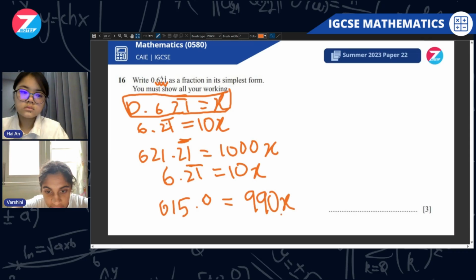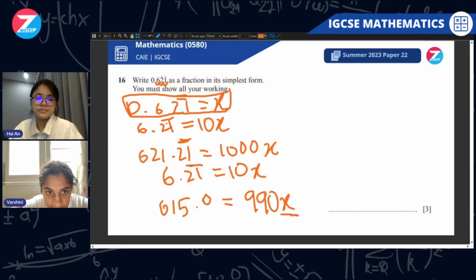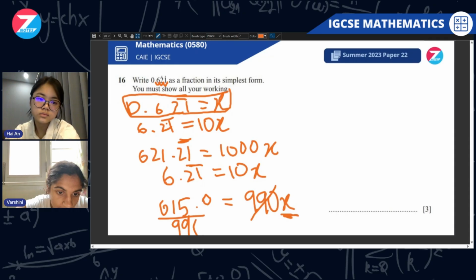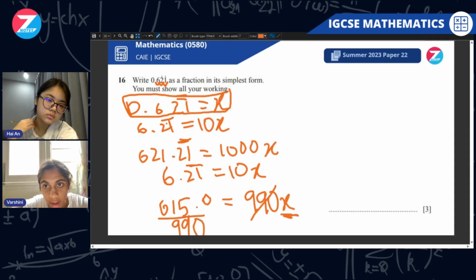Okay, so now to find the value of x, which is what we want essentially, we're going to have to divide both sides by 990. And this is our fraction, 615 by 990. Remember, this isn't simplified.